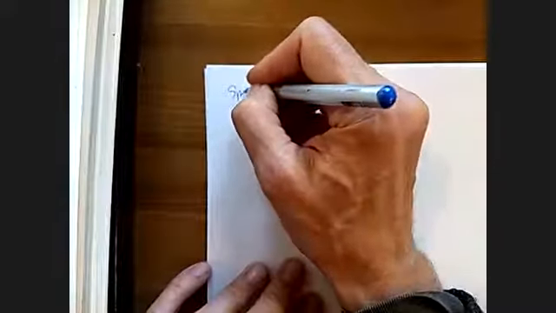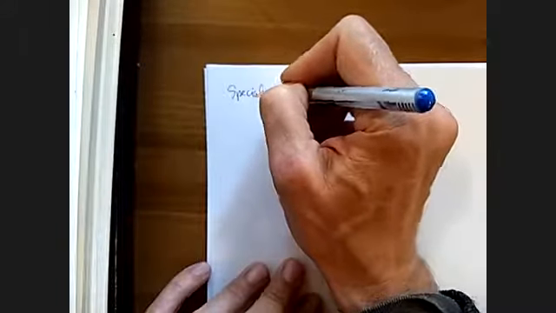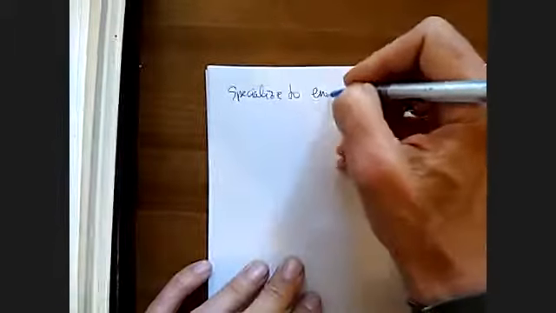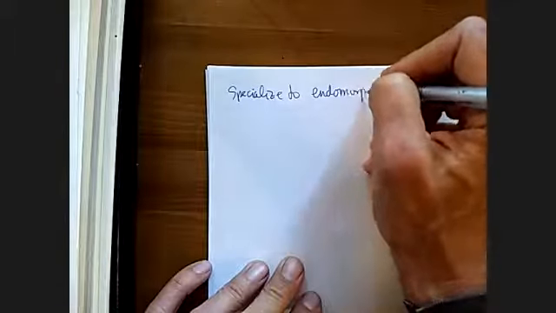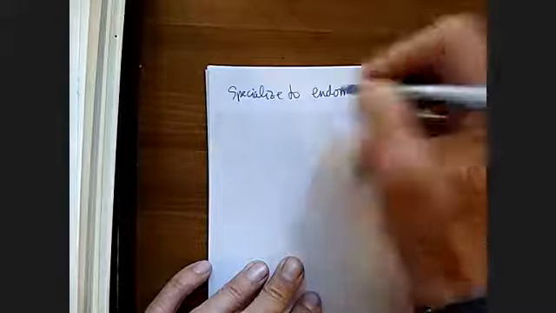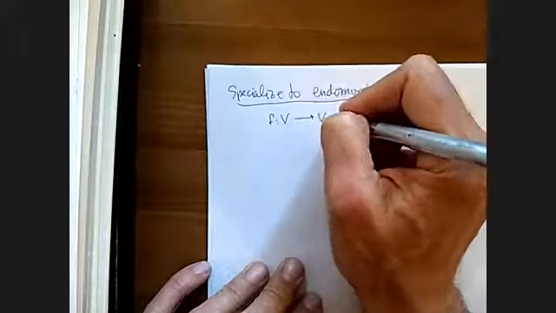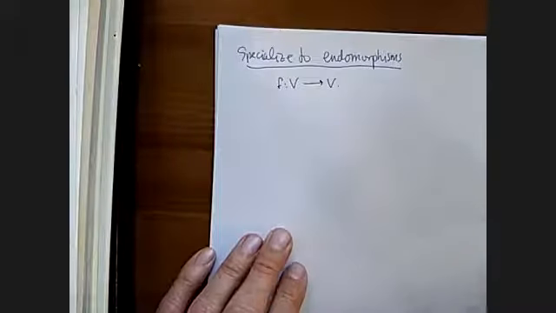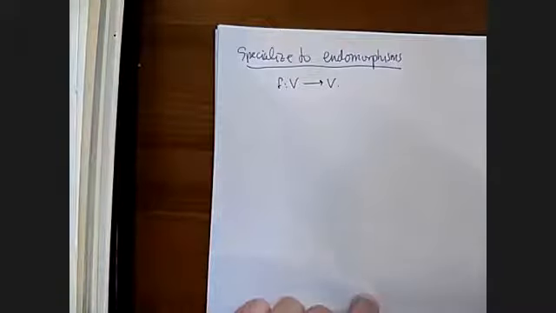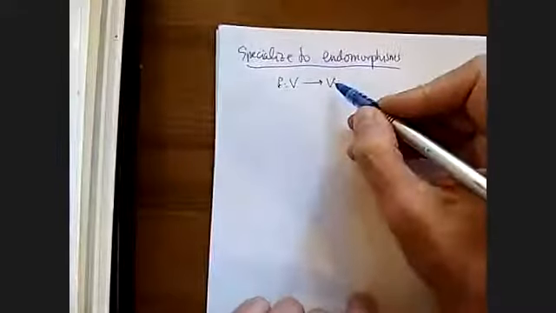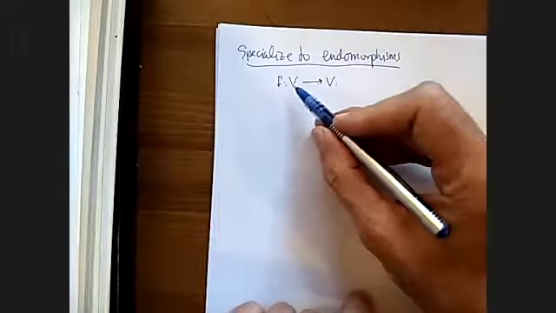Now we specialize to endomorphisms. So now we're looking at linear maps from a vector space to itself, not from one vector space to a different vector space, but from V to itself.